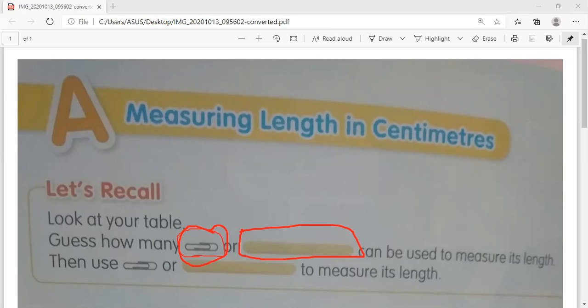Now you are in grade 2, so you will now learn how to measure length in centimeters, which is a standard unit. So centimeter is one example. It's too much, ya, banyak. But one of the kinds that you have to learn is centimeters. It is one kind of standard unit.